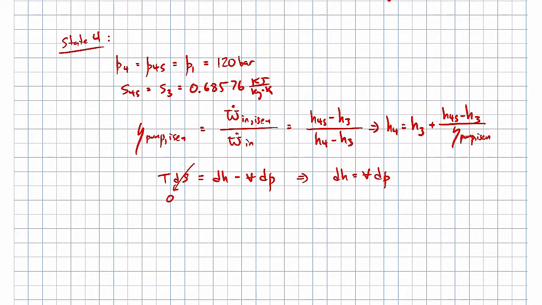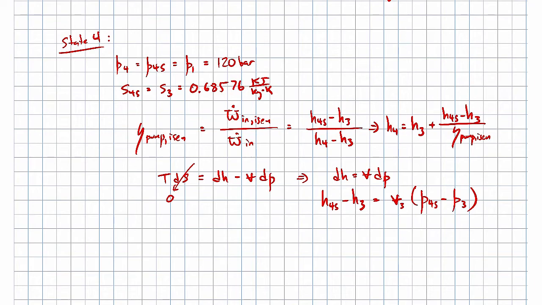So going from state 3 to state 4s, our dH would be h4s minus h3. And then our specific volume, if we're dealing with a compressed liquid, I'm going to assume for this particular case that the specific volume doesn't change very much, that it's essentially an incompressible substance. So then the specific volume would just be the specific volume at 3, for example. And then the pressure difference would be P4s minus P3, which we know.